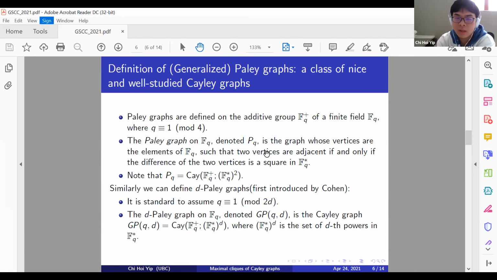For example, for the standard Paley graph, it means that the difference between every two elements is a square. So this is a very special set. It's connected to many problems in number theory, for example the Carlitz sum estimate, the Riemann hypothesis, and the least quadratic residue. They are all connected. And we phrase this in the language of graph theory because it's easier to understand.